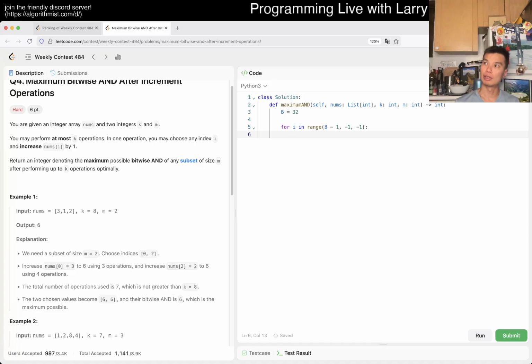Can I binary search? Is it binary search? Just one bit at a time? I mean, it's like binary search. I mean, it is binary search, but it is just one bit at a time, right?